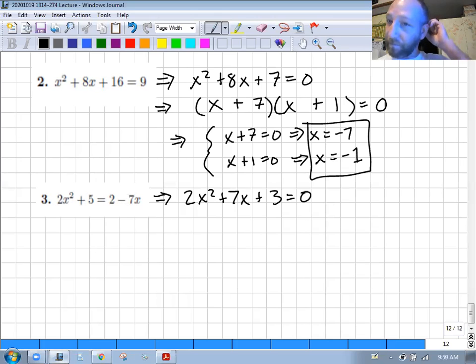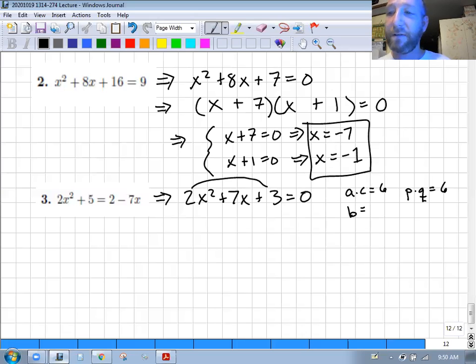So let's see, in order to factor it, remember our trick here? Our a times our c, a is 2, c is 3, right? Is 6, right? So we need two numbers, a p and a q, so that when we multiply them, we get 6. Our b here is 7.